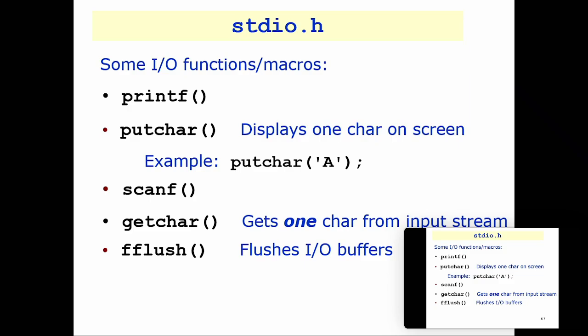So if you request to enter 2 characters in a row, and you enter A and hit enter, then in the next request you hit B and hit enter, then the actual input is A and enter, not B. In that case, you need to delete the enter value stored in the buffer memory. Then you can use this fflush. I'm going to explain in more detail with an example in a later slide.